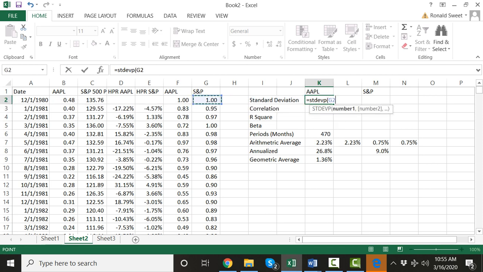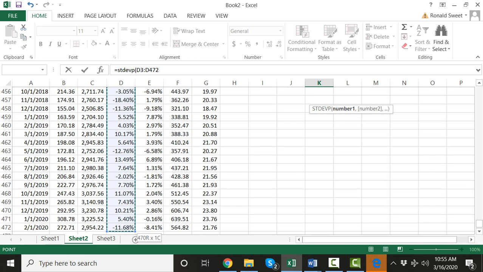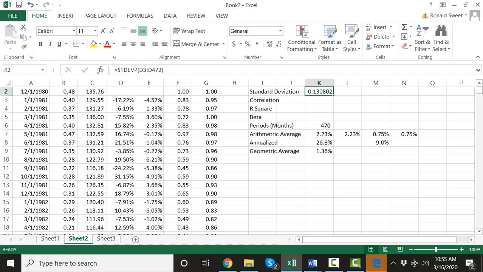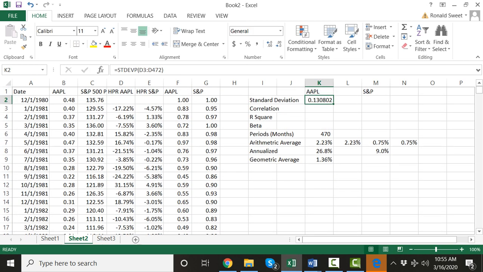If we take their monthly standard deviation, which is quite a high number, 13.08, and we take the geometric average plus 0.5 times the standard deviation squared, that should get us something really close to the arithmetic average.